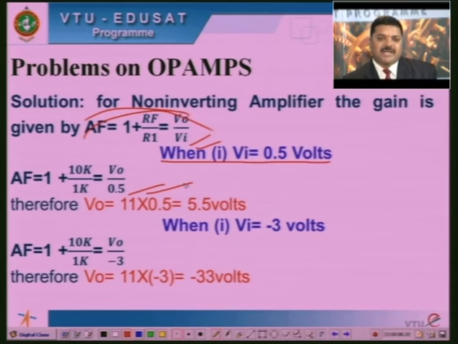So, we know that two values of Vi are given. Let us consider the first case as Vi is equal to 0.5 volts. RF is given and then AF is given. So, how to find V0?